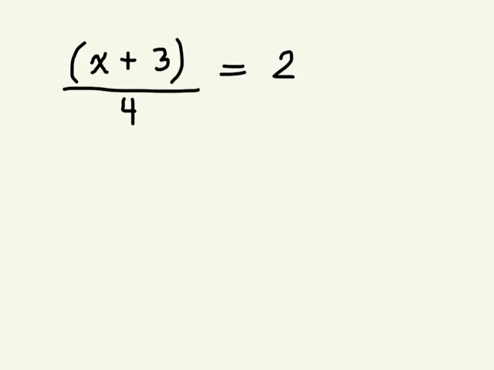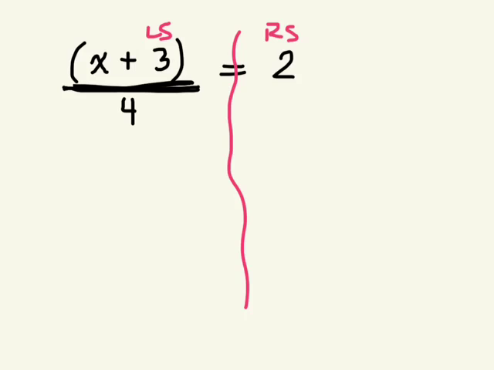Looking at this next example, once again, we have our left side and we have our right side of the equation. I'm just going to put an imaginary line there just so you guys can see how I'm balancing it. On the left side, we have x plus 3, divided by 4 equals 2. What's the first operation I should undo? What's the first operation I should do the opposite of?